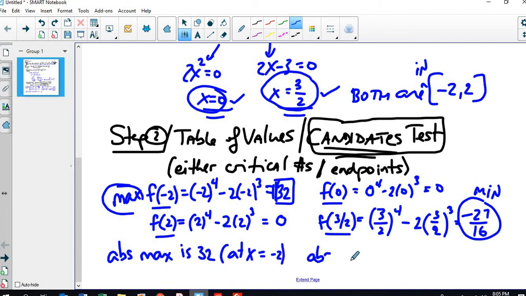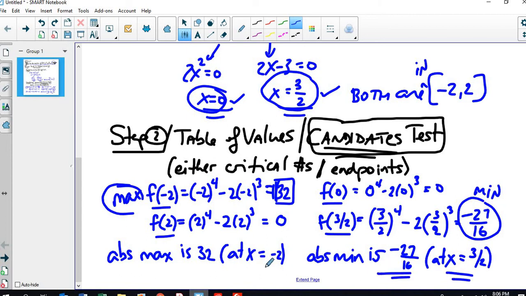And the absolute min value, the minimum value, is negative 27/16, and that happens at x equals 3/2. So it's important to tell me where it happens, and important to tell me what the actual value is. But you've already found all that stuff by now. Okay, and so that's the way that you do that.